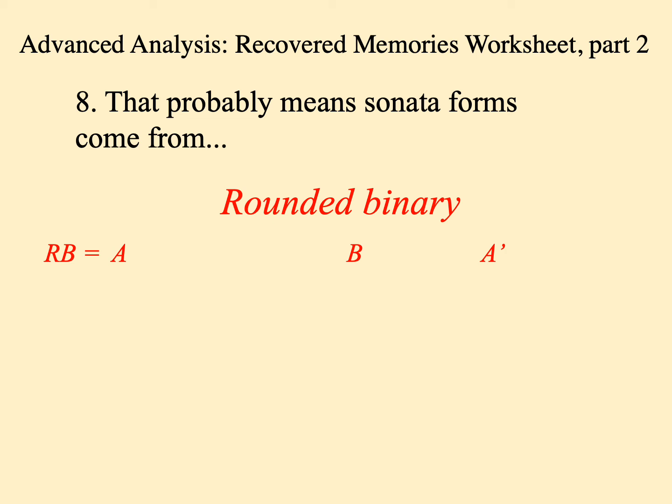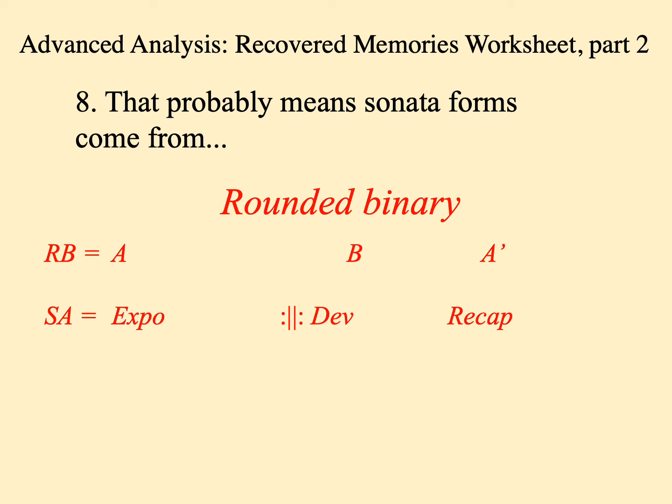And remember that the section B in a binary form tends to develop ideas from section A. Well, when we go to sonata form, we get rid of our labels A, B, A prime, and we replace them with the terms exposition, development, and recapitulation. But those are all analogous to the A and B and A prime sections in binary forms.